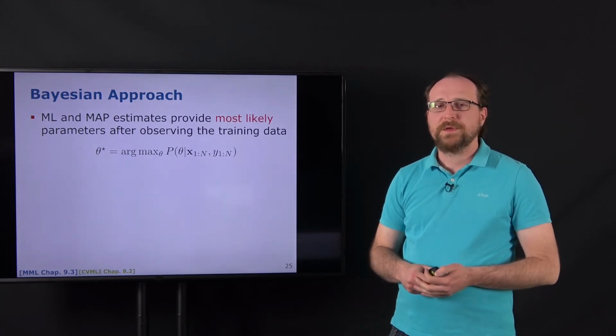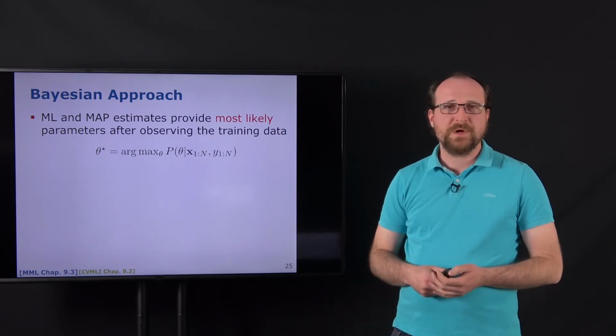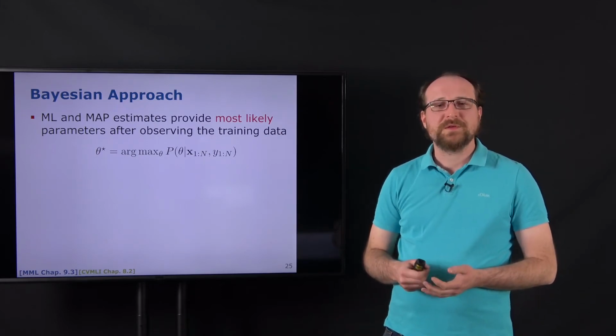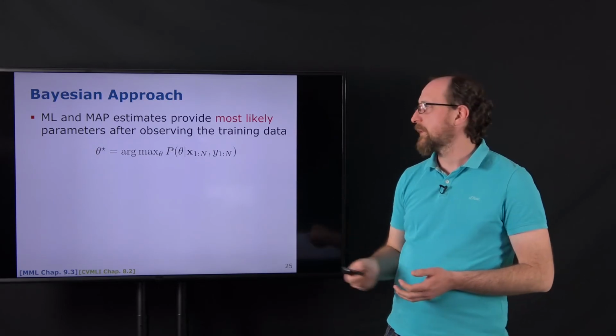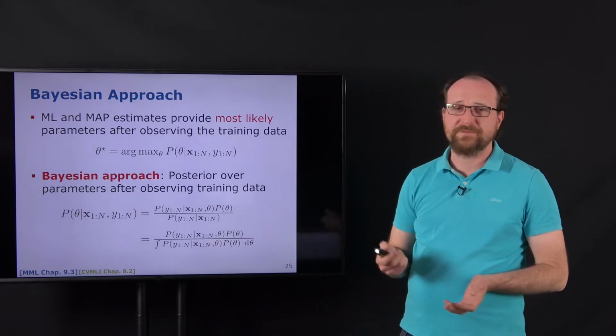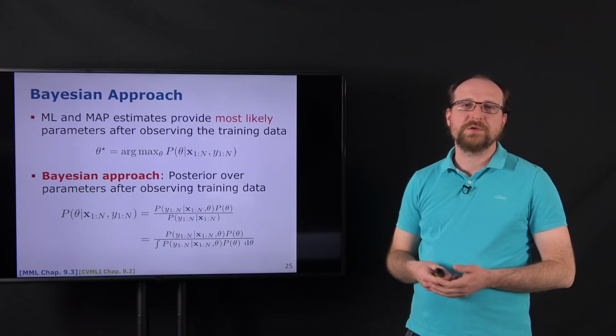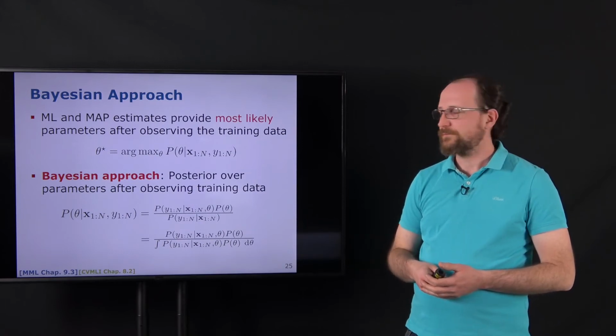As I said, in the maximum likelihood and the maximum a posteriori estimate, we are just getting the most likely parameters. So we are always maximizing something like this. But with the Bayesian approach, we are actually estimating the whole posterior over all parameters.